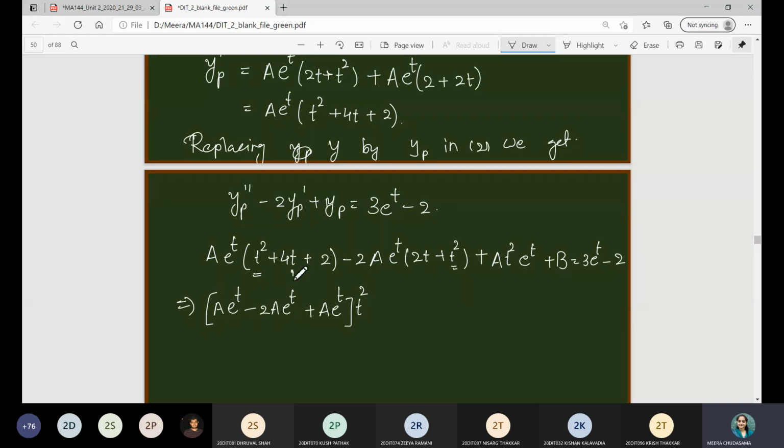So it is here, so plus 4a e raised to t, then t is here, so you can see that minus 4a e raised to t into t, and now t power 0, that is the constant quantity. This we have already taken with the t square. Any other term left? Yes, this 2, sorry, this is left.